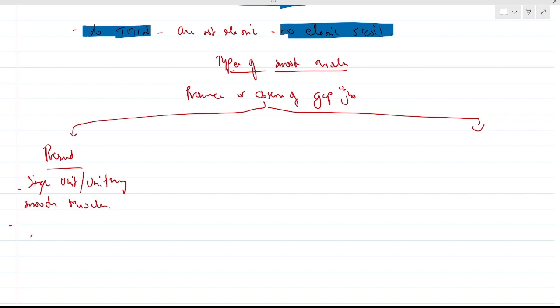These are present in the GIT, the gastrointestinal tract, in the uterus, in the urinary bladder, and in the ureter. Uterus, urinary bladder, ureter, and GIT: single unit or unitary smooth muscles with gap junctions. Now when the gap junctions are absent, these are multi-unit smooth muscles.